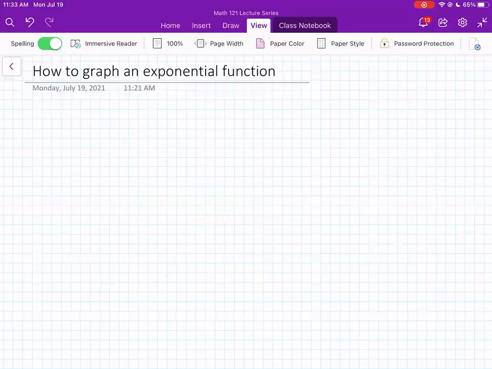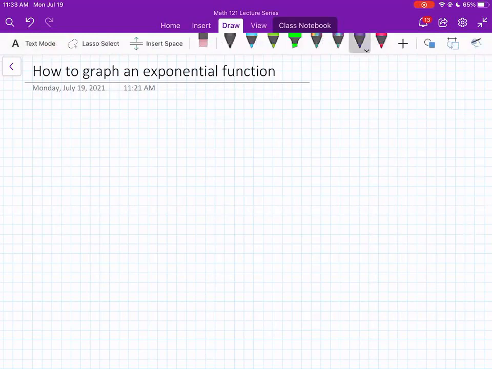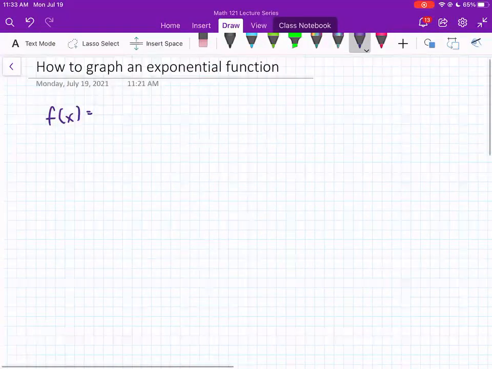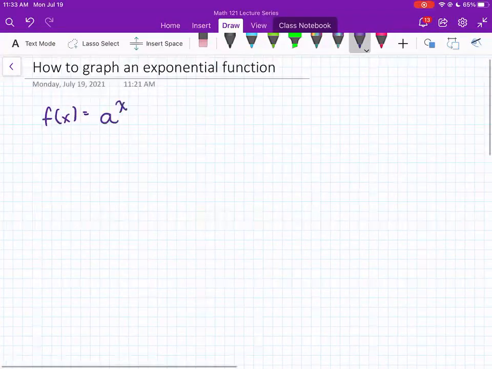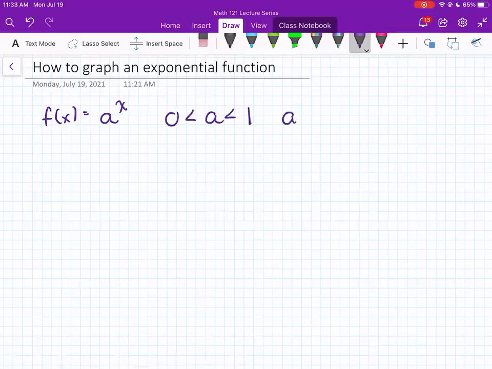There are two basic forms when we look at the basic form of an exponential equation. In our previous video, we discussed that an exponential function has the form a to the x, where a is between 0 and 1, or a is greater than 1.